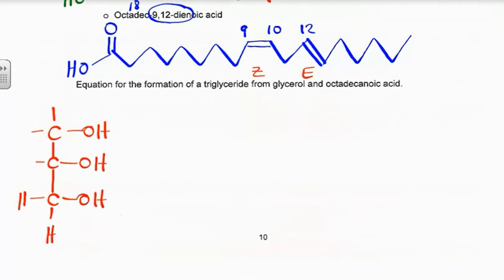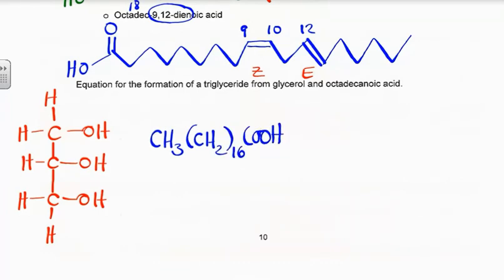This makes it a little bit more obvious how the ester links are going to form, and for each of those OH groups in the glycerol we need a carboxylic acid group. So we need a long chain fatty acid. Let's go for octadecanoic acid as it's said, so that will have 18 carbons in total.